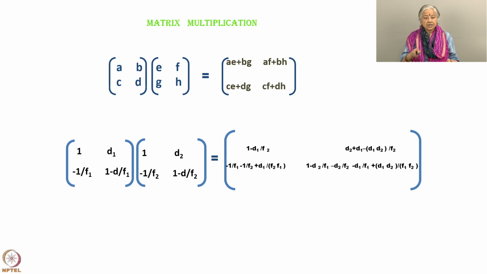This is matrix multiplication: if you have two matrices like this, then the product is given by that. Patiently doing it gives one big matrix of this kind, where this is A, this is B, this is C and this is D. For the stability condition, all we need is this A and this D, which we have to add together.